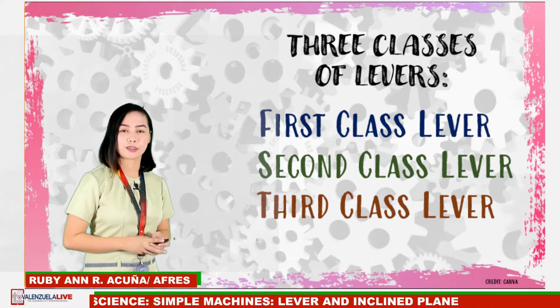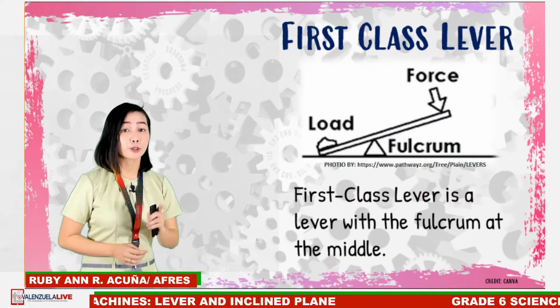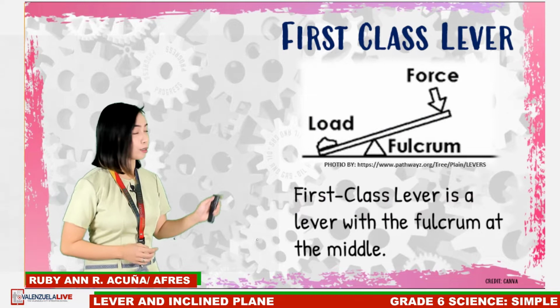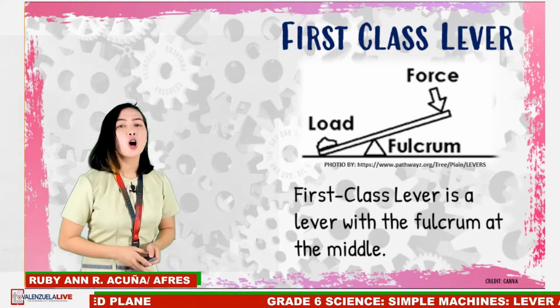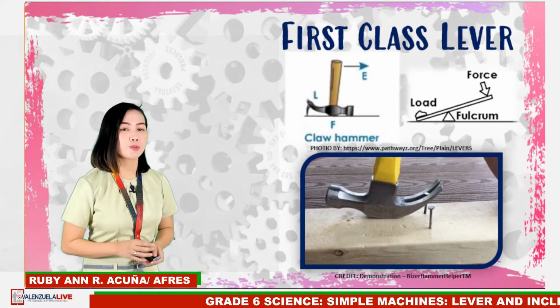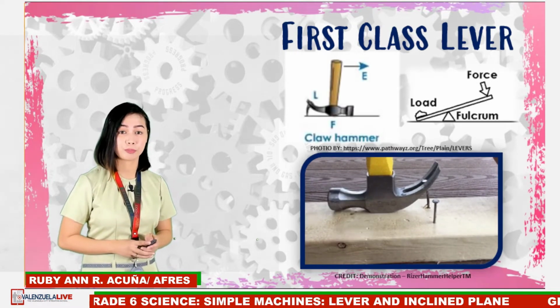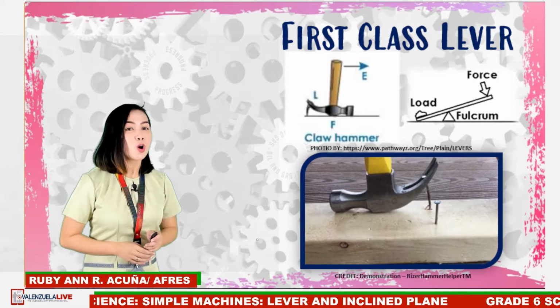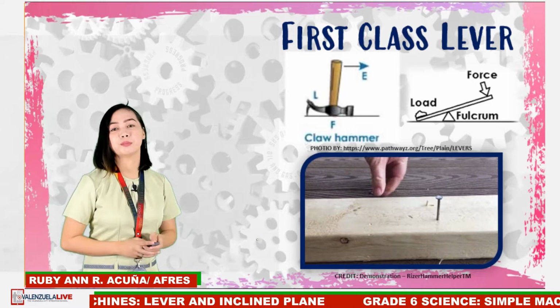First class lever. It is a lever with the fulcrum at the middle. The hammer, which you use in removing the nail, is an example of this lever. The load, which is the nail, is at the one end.